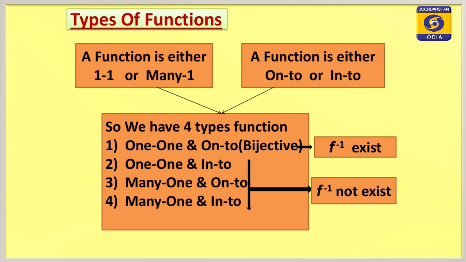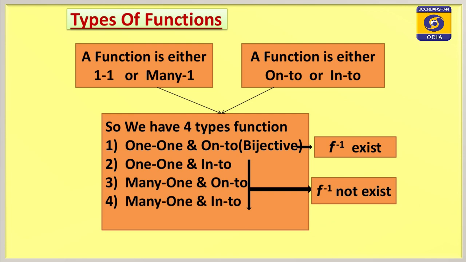So, all elements of the codomain may not be related. There may be some elements left in the codomain set. If some element is left in the codomain set, that is an into function. If all the elements of the codomain are related, that is an onto function.